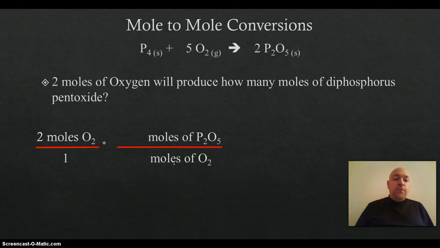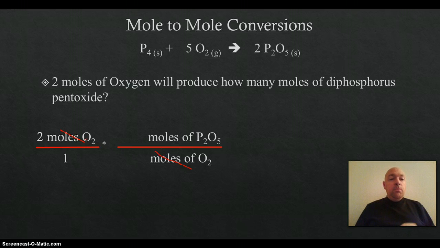And on the bottom of the fraction, I'm going to put moles of O2. Why? So that my units cancel out. And you'll notice this time around I'm writing the substance in. It is key when you're going from moles to moles and you're using stoichiometry to keep track of what units you're in and what compound you're in, because you're actually going to switch from one compound to another.